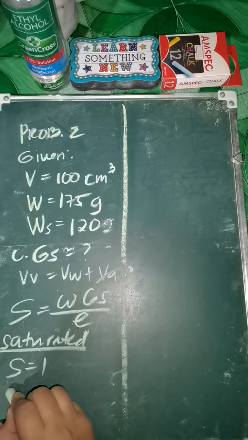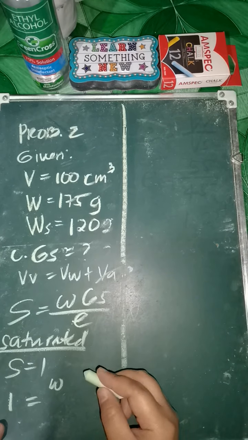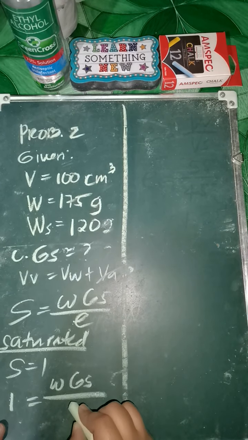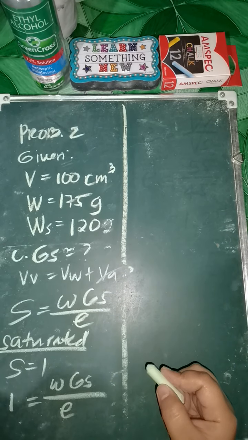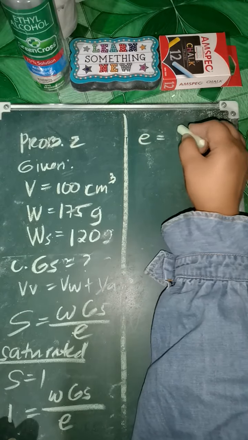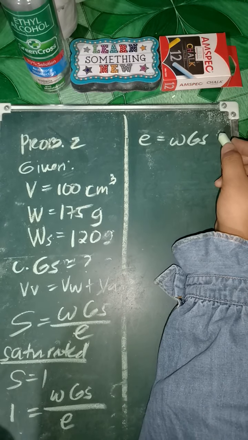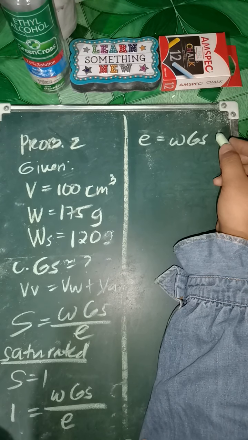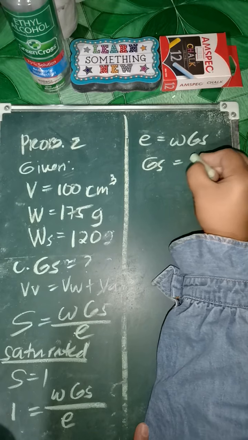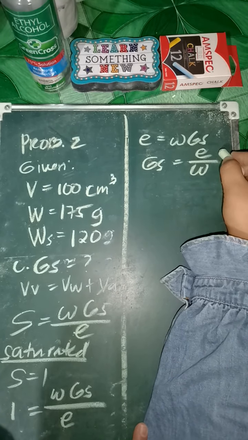So our S is 1, that is equals to moisture content multiplied by Gs over E. Sorry. So this one has the equation E equals to the moisture content times Gs. But we are going to solve for the specific gravity. So this becomes Gs equals to the void ratio E over the moisture content.